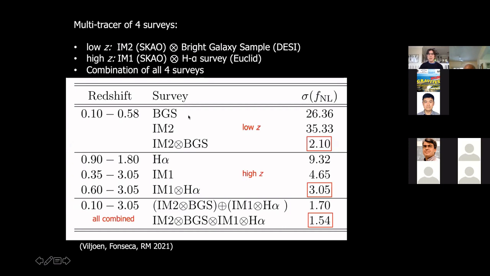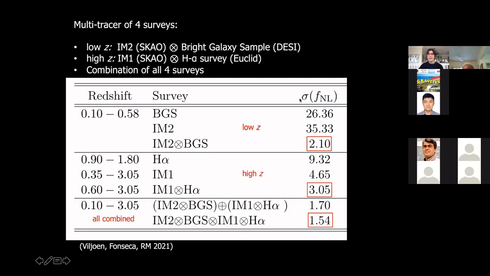So in this table here, we've separated out the low redshift surveys on their own, BGS, IM2, and then combined in a multi-tracer. Then the high redshift surveys, the H-alpha and the band 1 of SKAO and the multi-tracer combination. Here you see the actual redshifts if you want to know the values. And then finally, we simply add the 2 multi-tracers, which is what you can do in the Fisher analysis. And then we do the proper full extent multi-tracer combination of all 4.